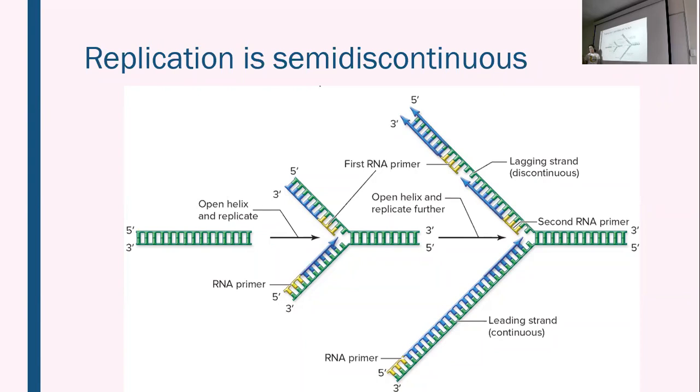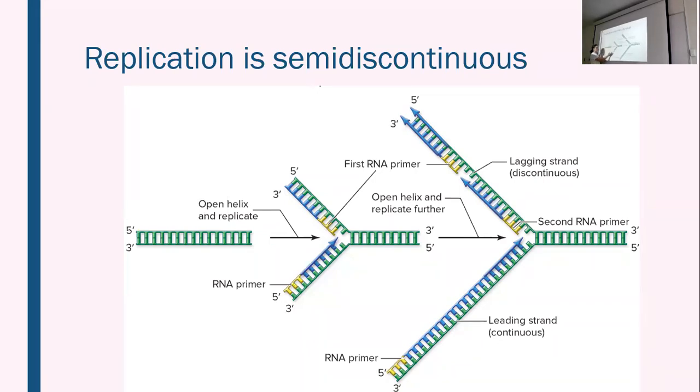Now, this strand, this is more of a 5' to 3' kind of mind game situation. When we open this up, this is our template DNA. This is what we're making a copy of. I've got my 5' end here, which means that the end I'm making is 3', which is a problem because I can't make things from 3' to 5'.